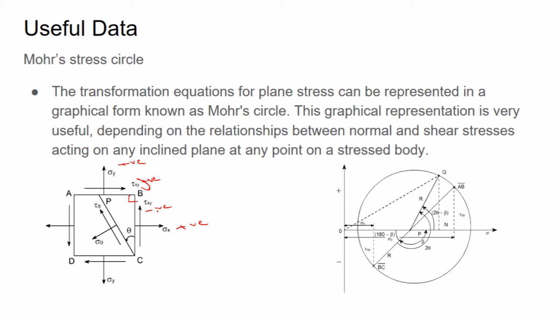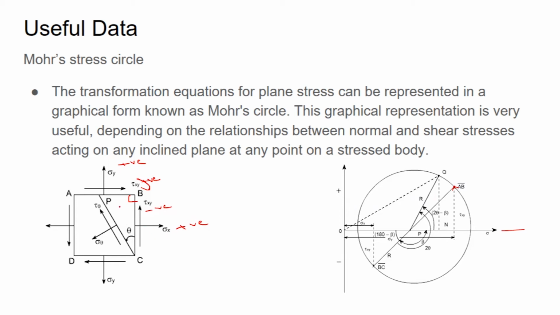To draw a Mohr circle, first we have to draw a normal stress axis like this and the shear axis perpendicular to that. Now first we will take AB. AB having both positive, it will lie in the first quadrant. We mark sigma y on the normal stress axis, and tau xy, which is positive, and we mark this point.